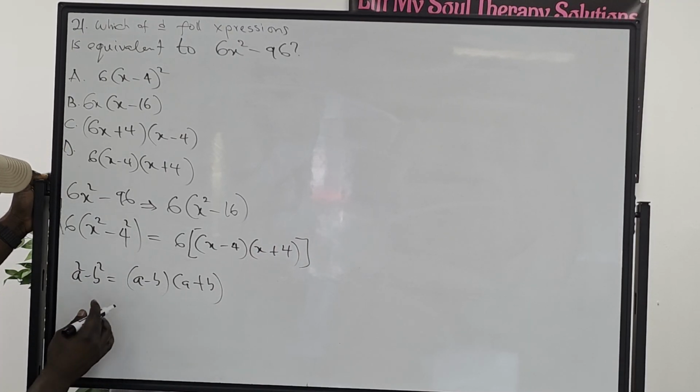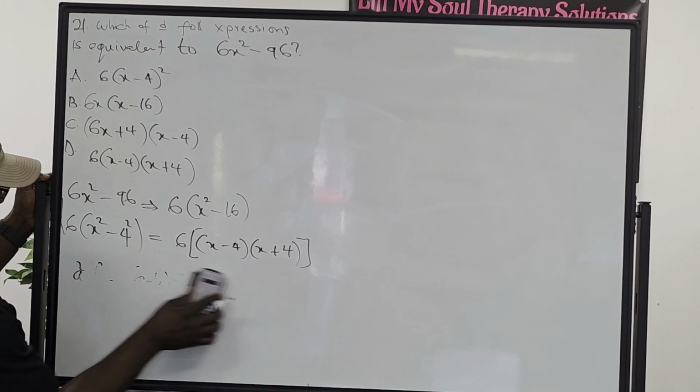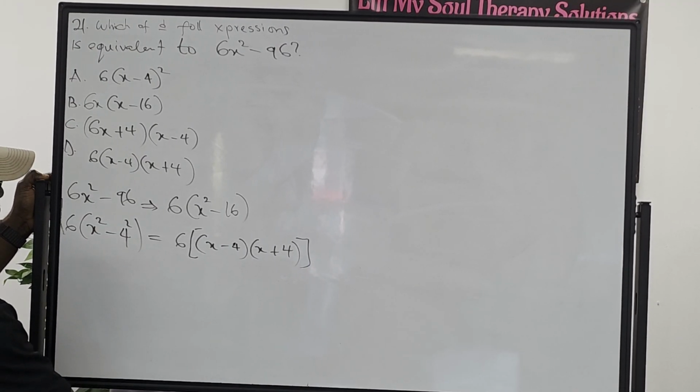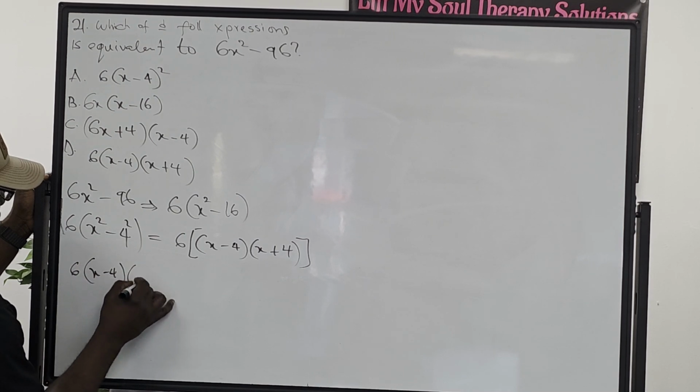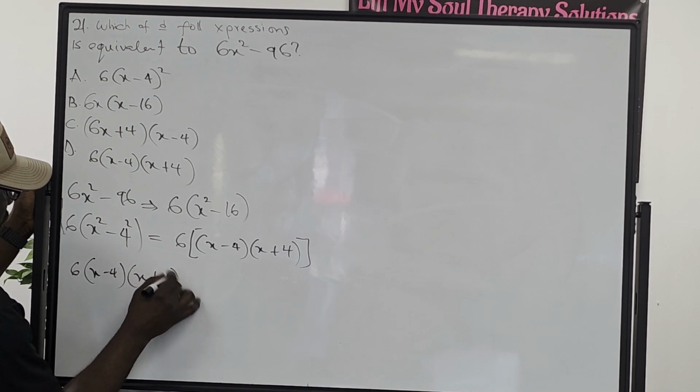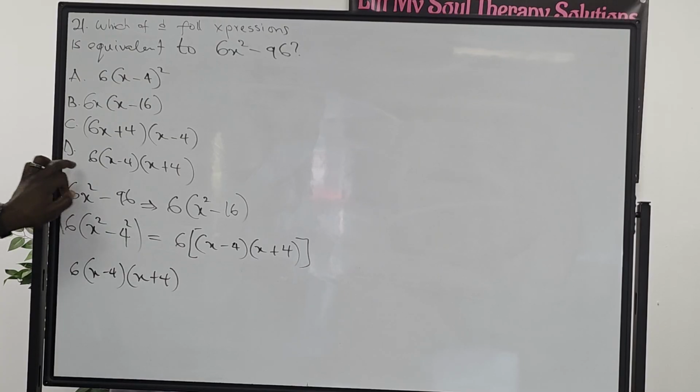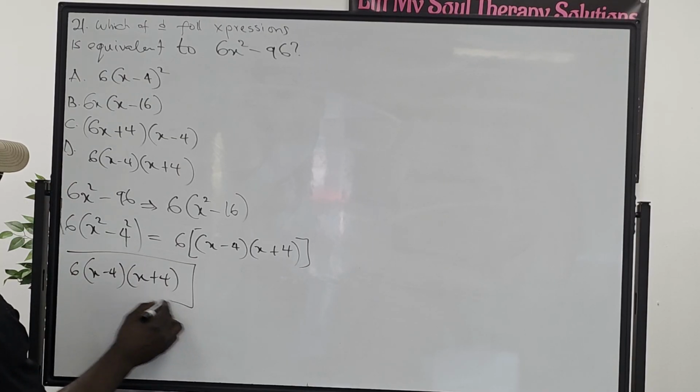So now you can rewrite this as 6 bracket x minus 4 bracket x plus 4. And I think that is option D. Option D is the answer.